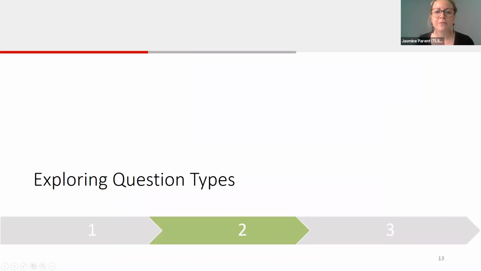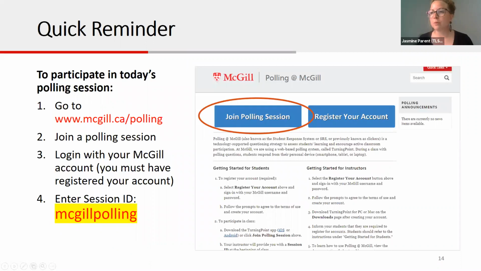So we're going to go through different types of questions that are available in Polling at McGill and have you participate in answering the questions on your own device. Before we move on, I just want to remind you how to participate. You have to go to mcgill.ca/polling, join the polling session, and it's going to ask you to log in with your credentials.